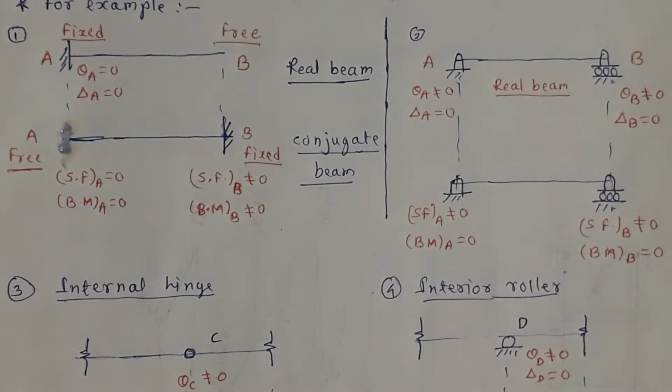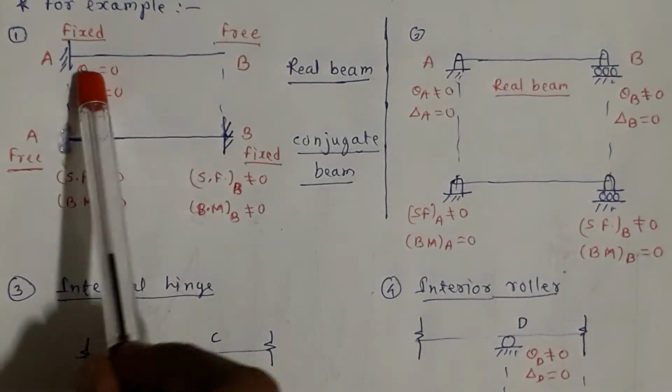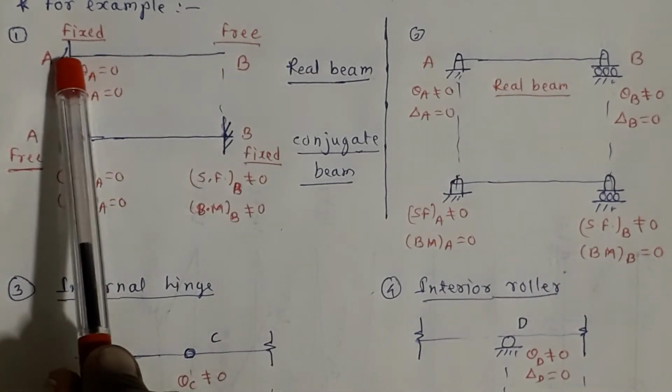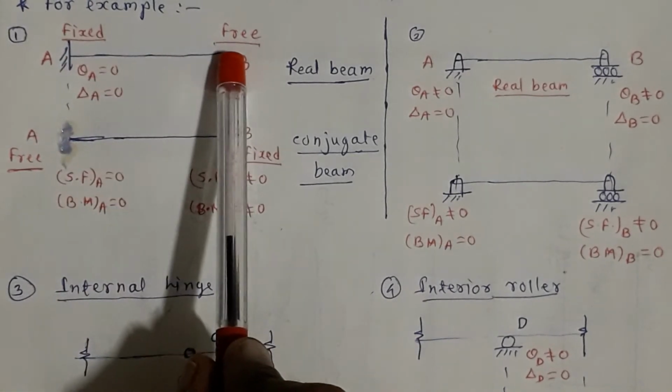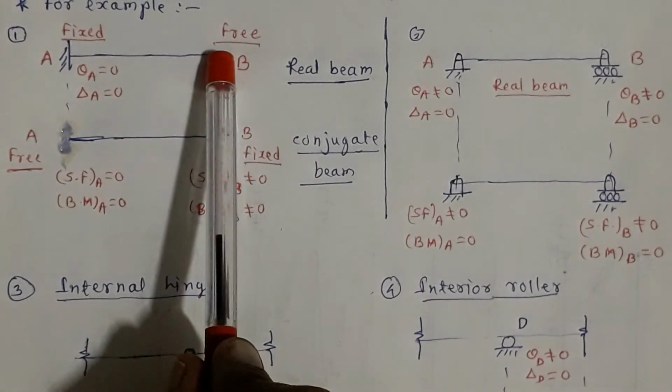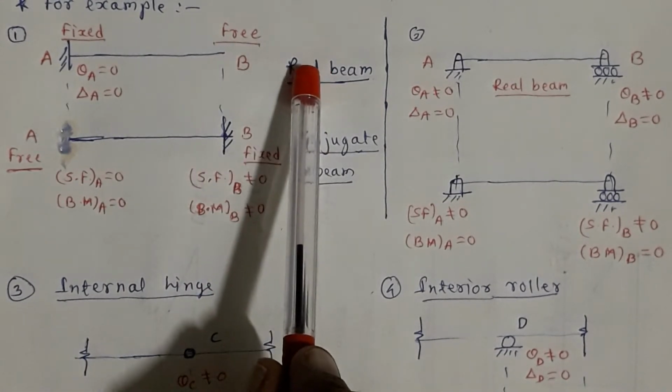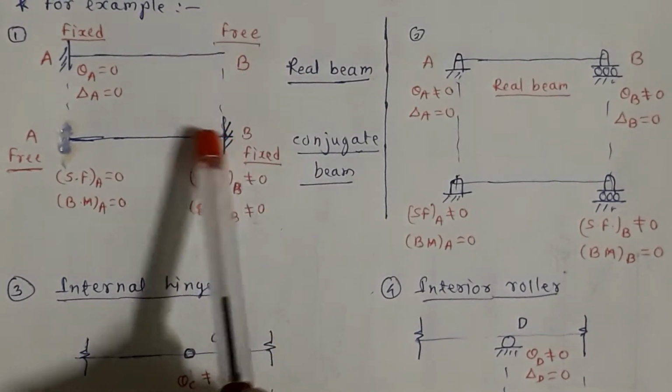How the supports are to be changed, I am going to show you with the help of an example. Here I have considered a cantilever beam in which end A is fixed and end B is free. As it is a cantilever beam, I am going to call it the real beam. My target is to draw the conjugate beam for this beam.